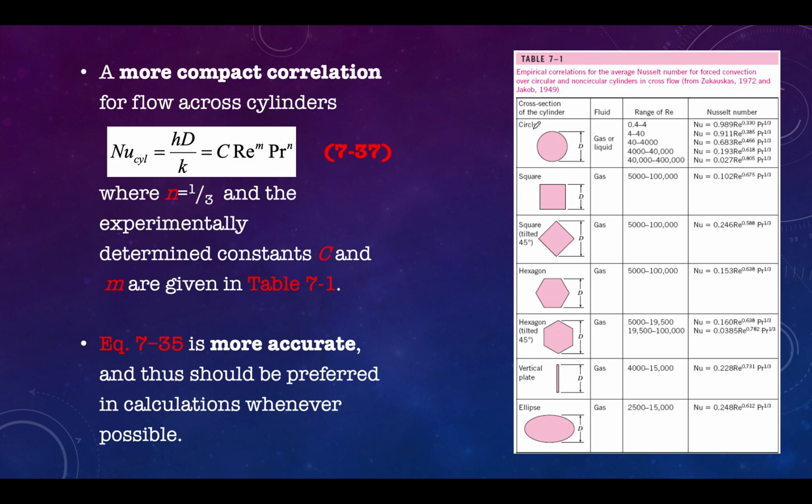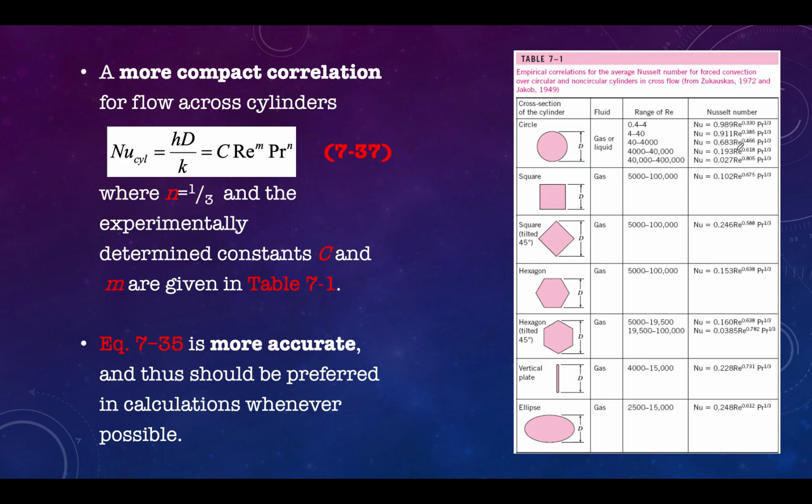For example, for a circle, you have to determine the fluid, whether it is a gas or liquid, and the range of Reynolds number. You cannot simply take any Nusselt number equation for the question. You have to calculate the Reynolds number and find where it falls in this table. If your Reynolds number range is 4,000 to 40,000, then you have to use this equation.